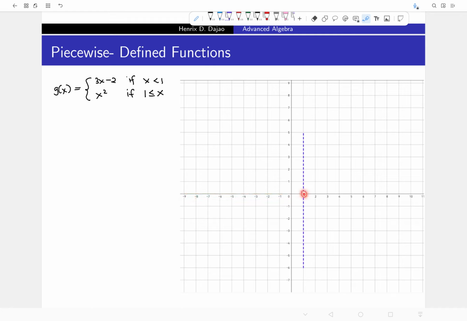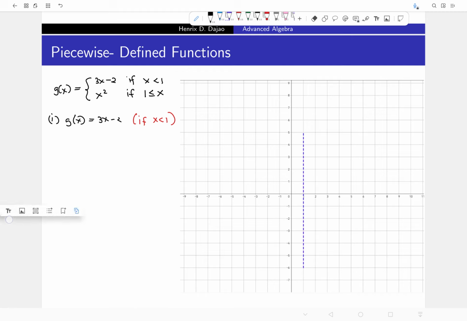So 1 is not included. So expect that this one is a line because that's a linear function. So we'll first use g of x equals 3x minus 2 if x is less than 1.